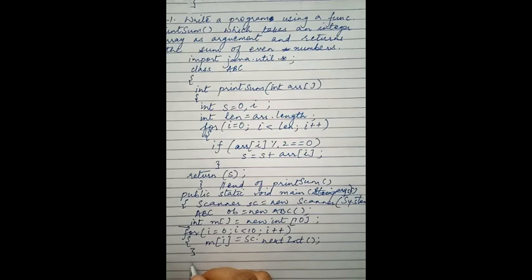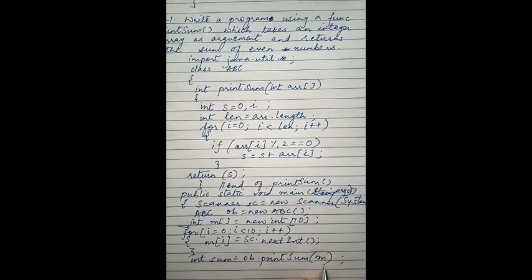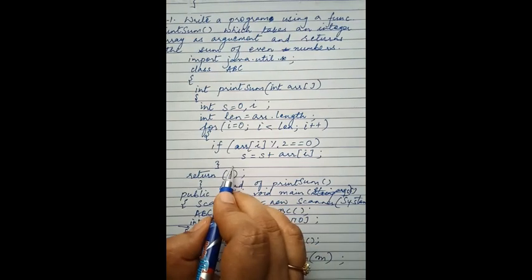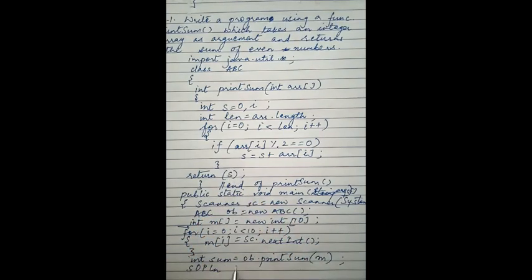Now I will be writing here int sum equals ob dot, I am calling the function print sum and I am passing the array m. Here when you pass the array, you just need to write the name of the array. And the return value of s will be stored in the variable sum. System.out.println sum of even numbers equals sum.